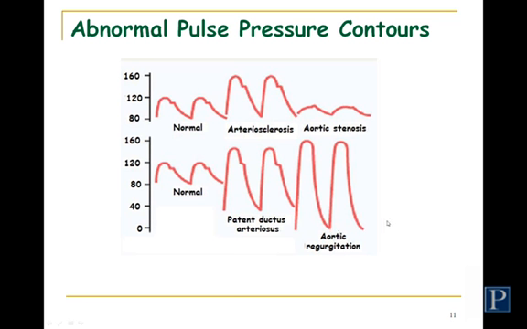So let's kind of figure out why it's this way. This one's a little trickier. You're like, well, why shouldn't aortic regurgitation have a low pulse pressure? Because aortic regurgitation can have a low stroke volume. That's true. But think about it this way.